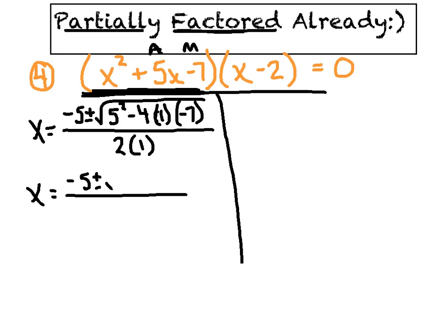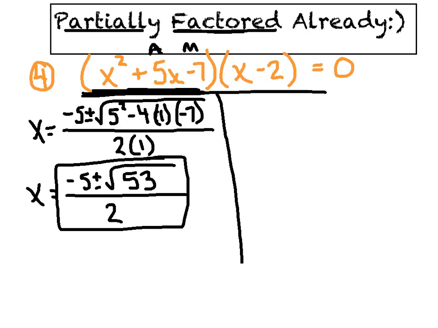Inside that radical, let's see what we got here. I've got 25 plus 28, which is going to give me a grand total of 53, divided by 2. Probably the best news coming out of this problem is that the radical 53 is not simplifiable, I guess. So right there is our final answer for this side of the T, and that provided my first two roots.